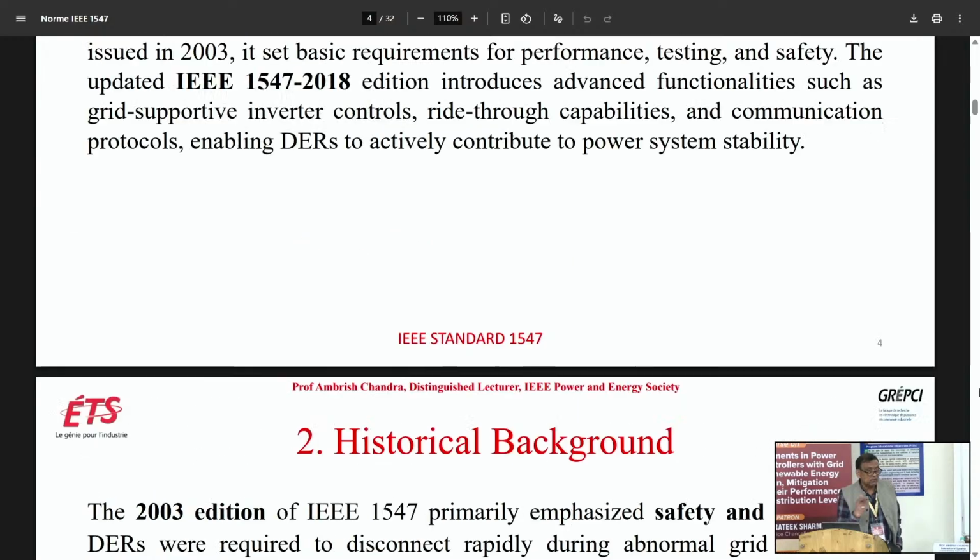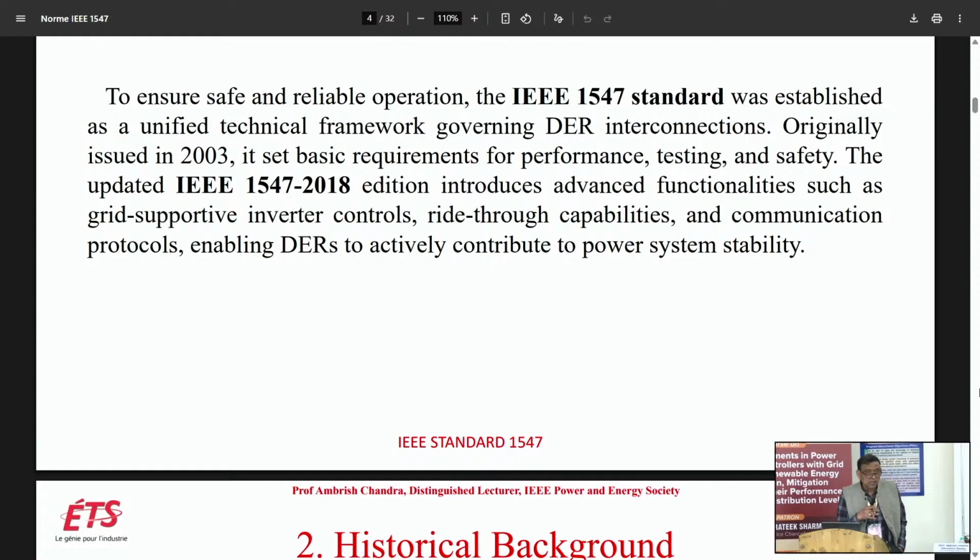Because this is a very complex process to have standards, because there are so many companies and researchers around the world involved. So it is very difficult to bring a consensus of all the people, because everybody has their interest, especially the companies making this thing.